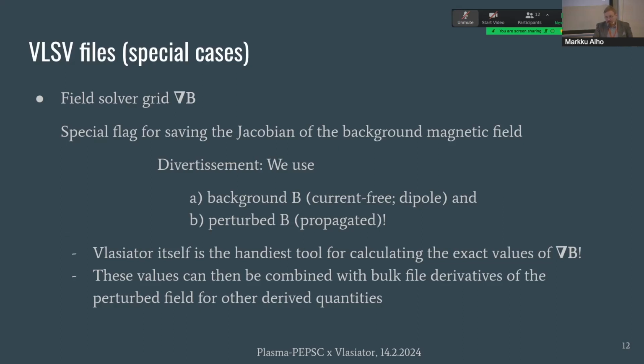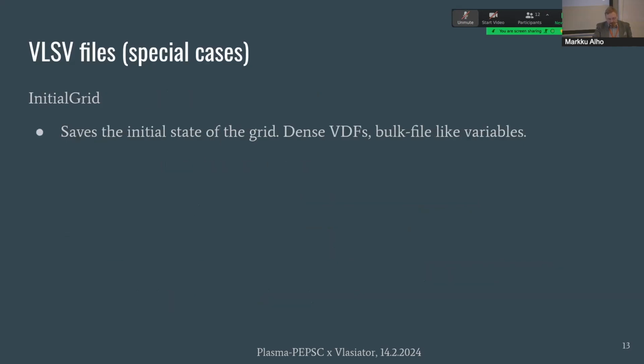So like calculating the curvature of the magnetic field, for example, from the exact values that we can get from the solver, instead of using some volumetric average on the spatial grid that might have been or has been downsampled from the field solver grid. Like post-processing that can be a bit inaccurate. And then we can also save the initial state of the grid with lots of VDFs and bulk file variables if you want to be sure that the initialization is correct.